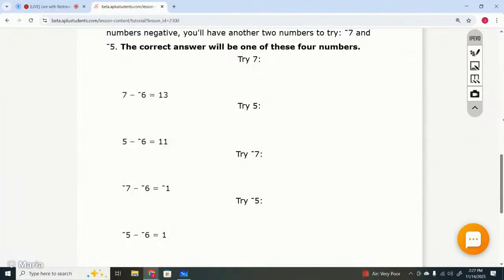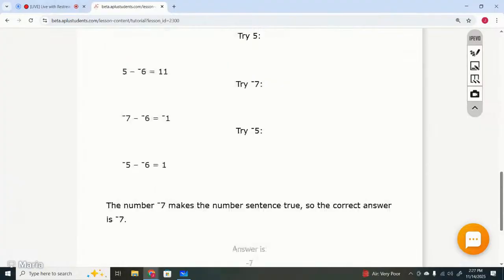We need to try them one by one. Subtracting negative 6 means you need to add. That equals 13. 5 minus negative 6 is 11. Negative 7 minus negative 6 is negative 1. So the number negative 7 makes the statement true. The correct option is negative 7.